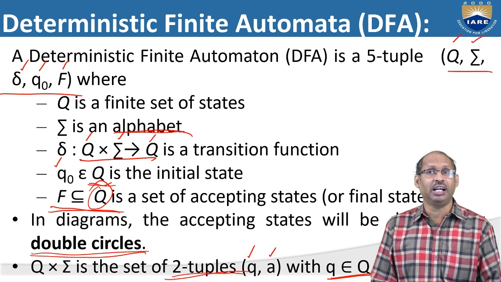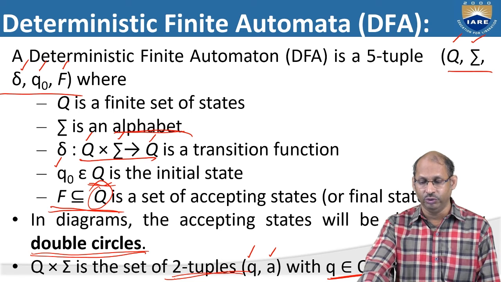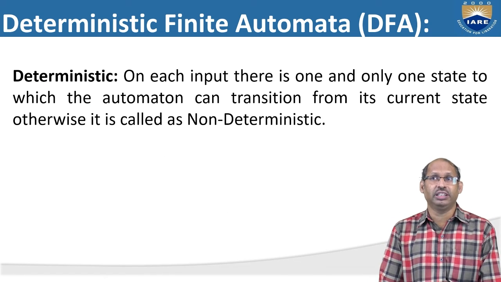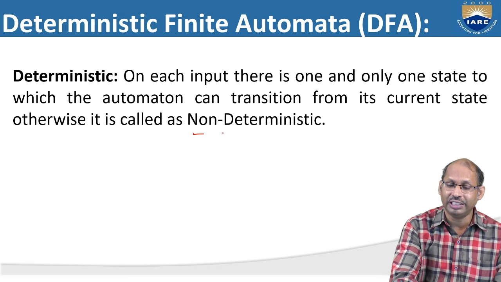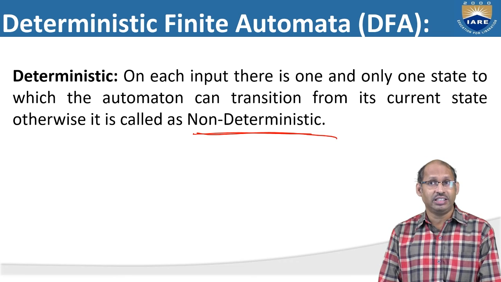So on accepting the input characters, it will move from one state to another. On each input there is one and only one state to which the automaton can transition from its current state; otherwise it is called a non-deterministic finite automaton. We are saying DFA and NFA.